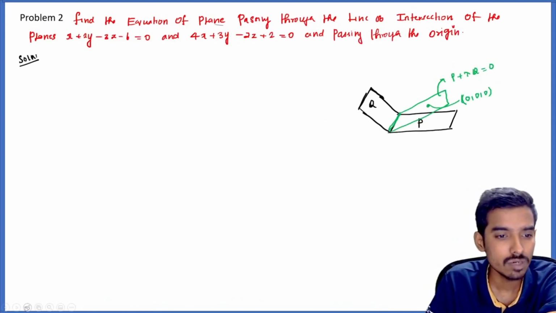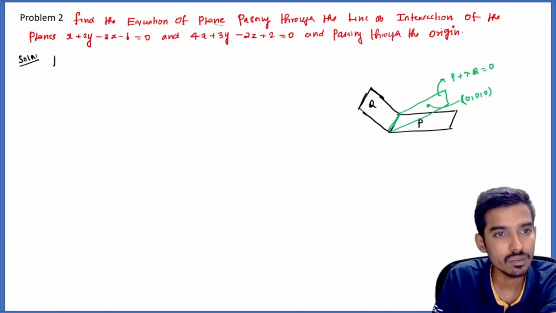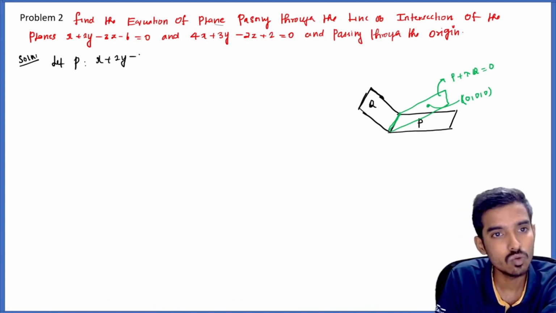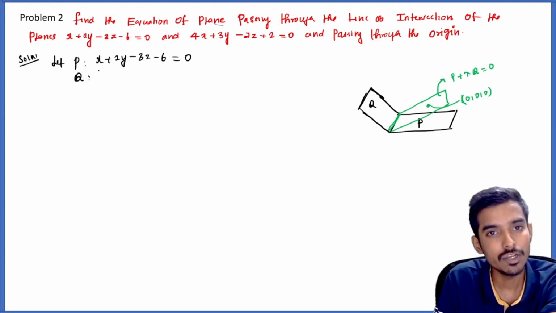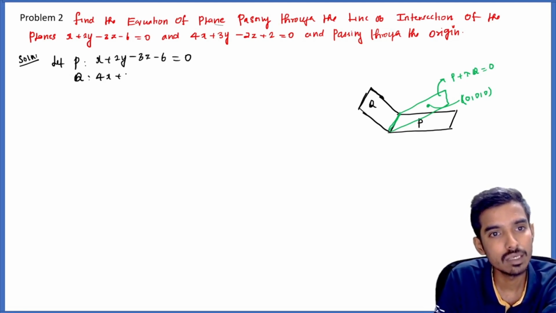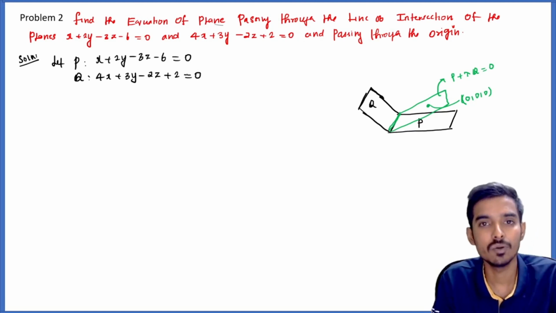So let's take the first plane P to be equal to x plus 2y minus 3z minus 6 is equal to 0. And Q to be equal to 4x plus 3y minus 2z plus 2 is equal to 0, right?